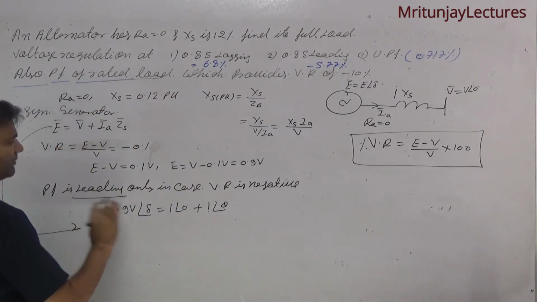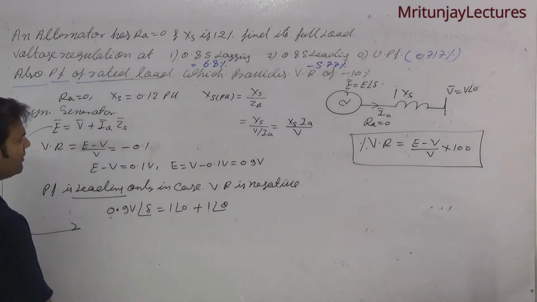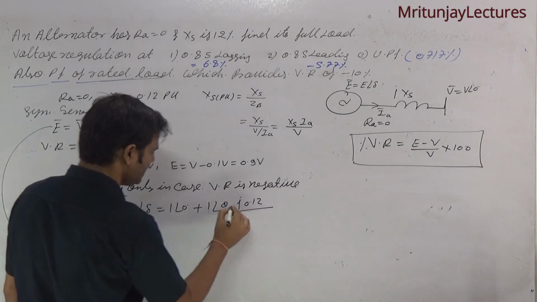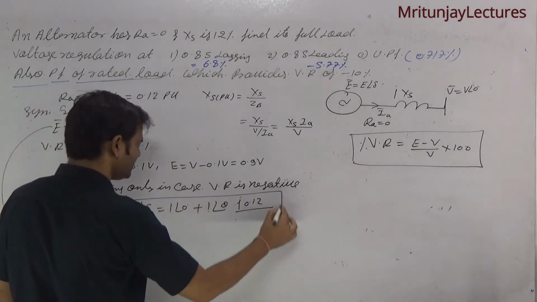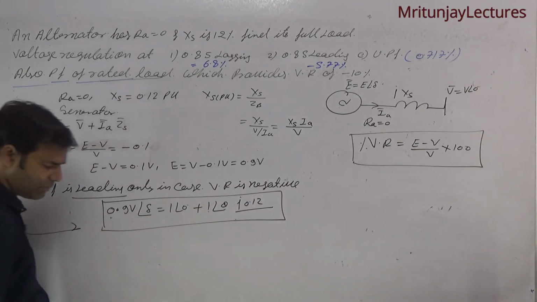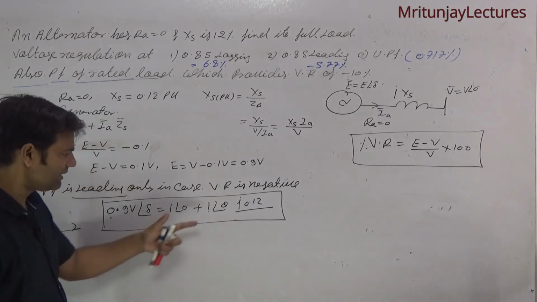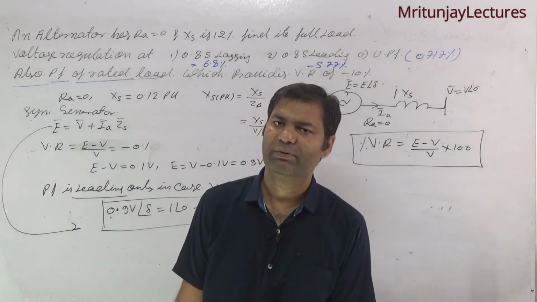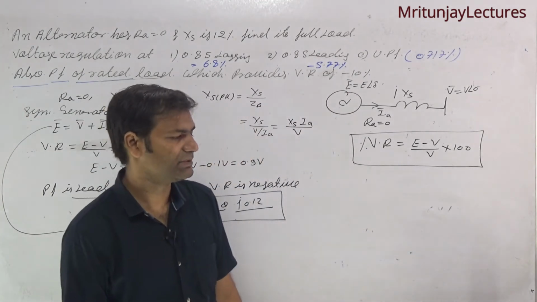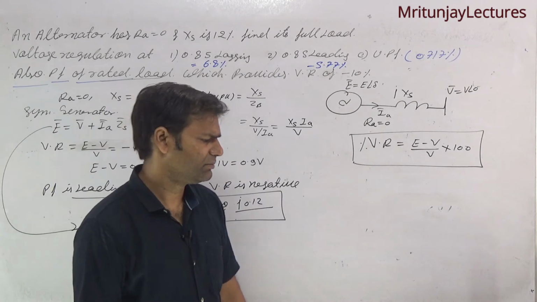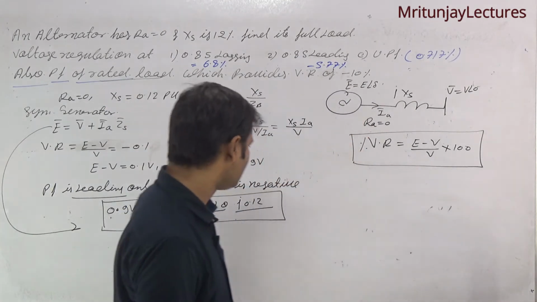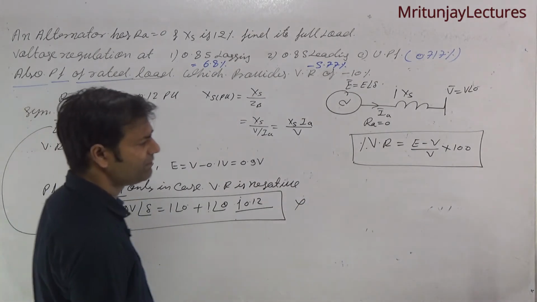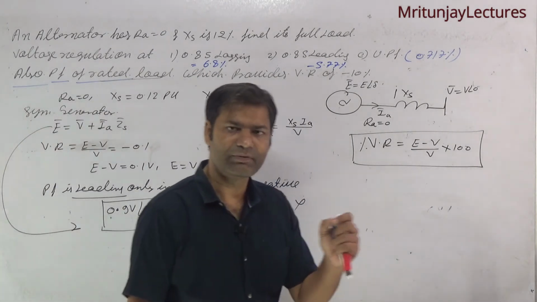Rated voltage we have also taken as 1, and that is j 0.12. If you follow this method, then it is very difficult. Why? This side is delta and this side is theta, but our focus is on theta. You can also calculate with the help of trigonometry, but it's very difficult. So our advice is, don't follow this method. You can solve this problem with the help of a phasor diagram.